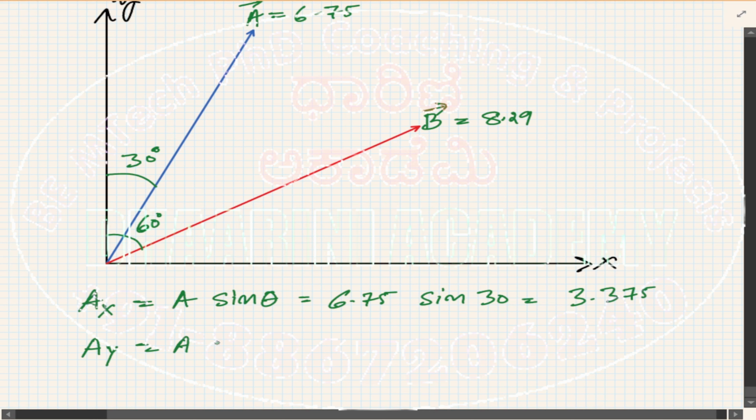AY is A cos theta, so this is 6.75 into cos 30, approximately 5.845.